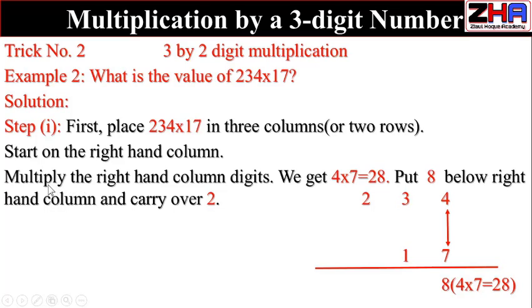Multiply the right hand column digits. We get 4 into 7, 28. So put 8 below the right hand column and carry over 2.